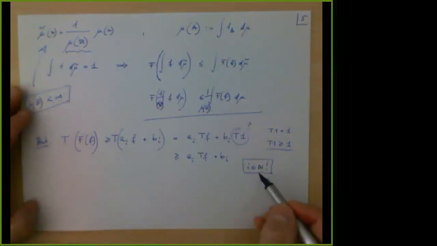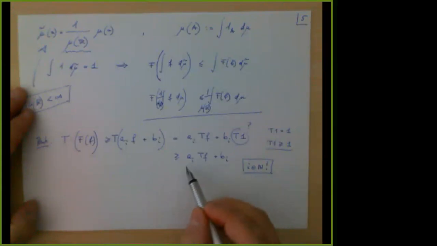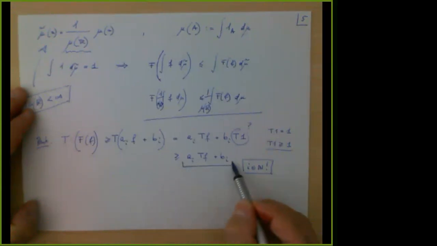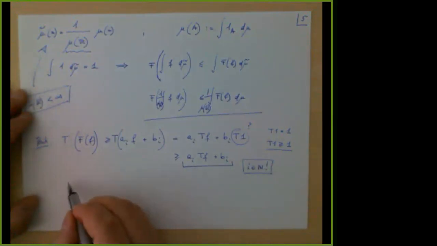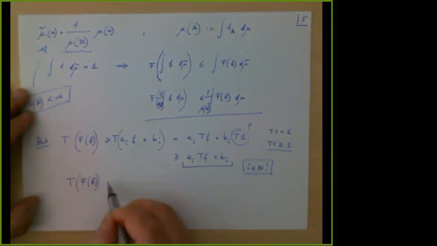So the simple observation that we can take the supremum of this right-hand side with respect to a countable number of indices allows us to say that for a rather large class of these operations, we have that T of f of f is larger or equal than f T of f.